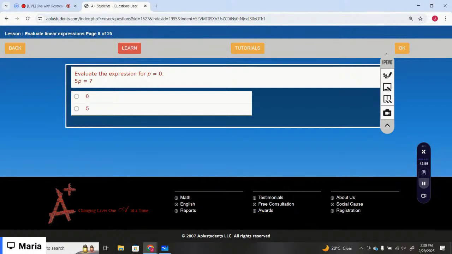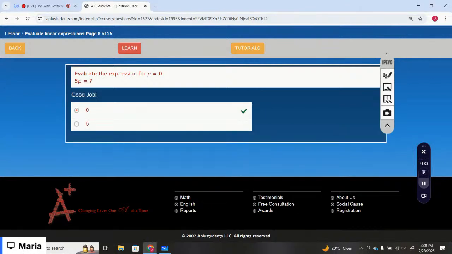Five p equals 0, so 5 times 0 is 0. Option number 1 is the correct option.